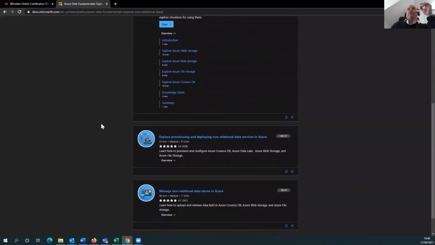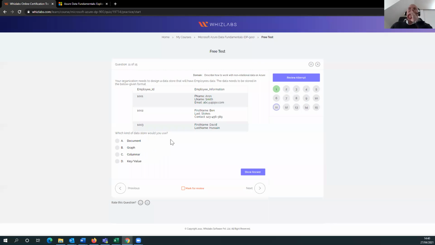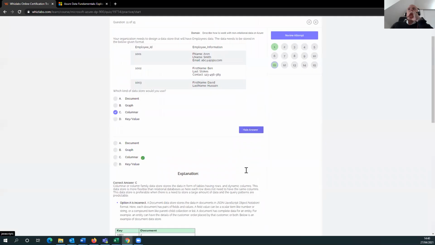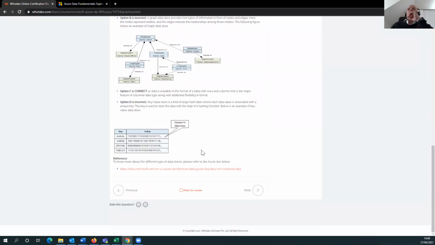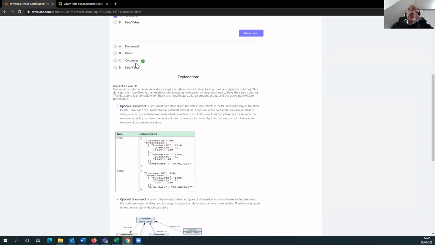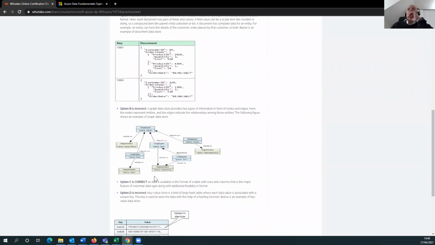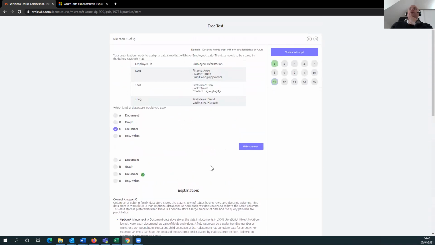The exam questions could be similar to this: which kind of data store would you use for this? Is it document, graph, or columnar? You use this one, oops, that's not columnar, so C is correct. But you need to understand what the content of a database is.